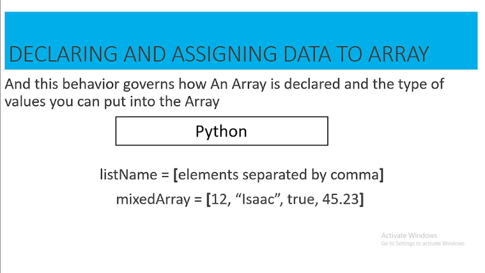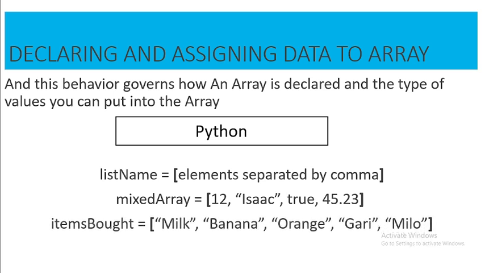In Python, you can mix the various data types into one single list. So mixed array equal 12, Isaac which is a string, then true which is a boolean, then 45.23 which is a floating point value. So items bought, then we have milk, banana, orange, gari, and then milo. So that is the first lesson.